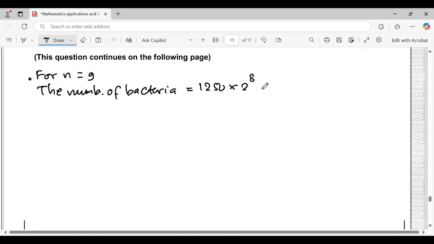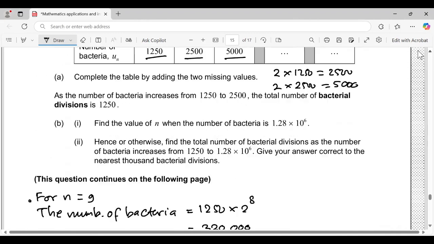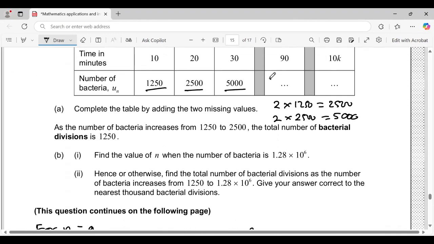Why 8? Because the bacteria have doubled 8 times from n equals 1. So it's going to be 320,000. And how about if n equals k?